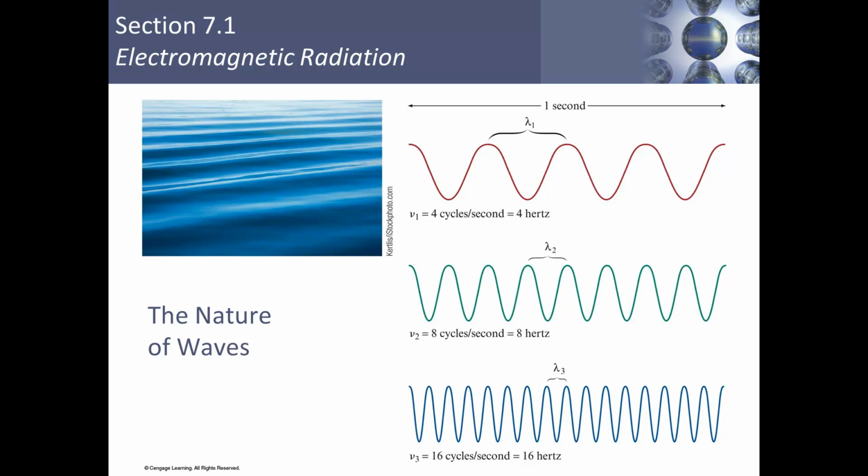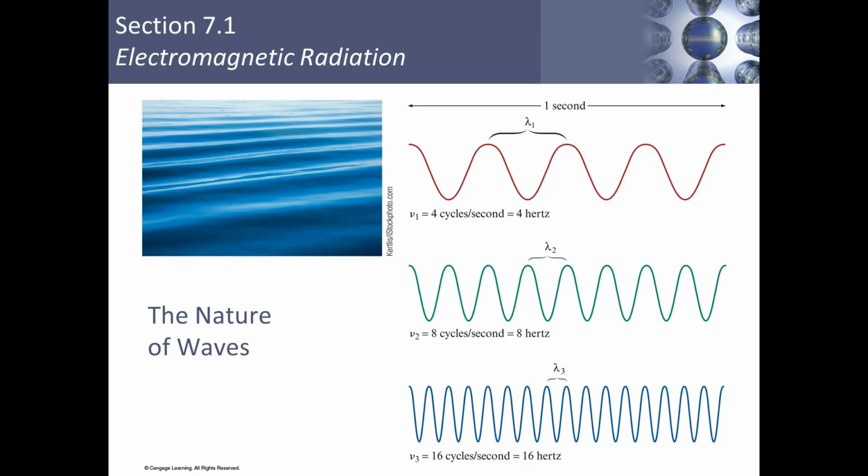Now, as we shorten our wavelength, our frequency becomes greater. If we look at the first wave shown here, we have 4 cycles passing through the same distance in space in 1 second, which is 4 cycles per second. The cycles are implied, so we have 4 inverse seconds, which is equal to 4 hertz.